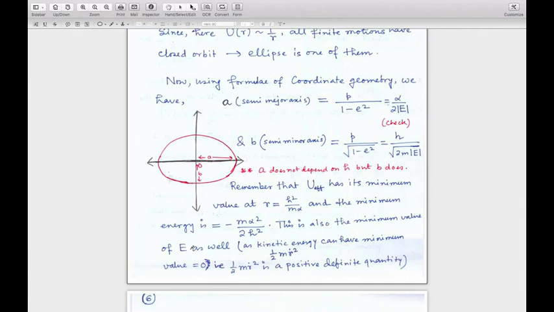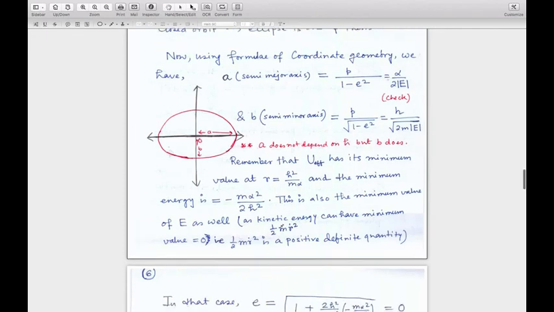When the radial part of the kinetic energy vanishes, in principle that is the minimum value for that kinetic energy component. For the rest, we know the minimum value is that of U effective, which will be simply equal, in that case, to the minimum value of the total energy.